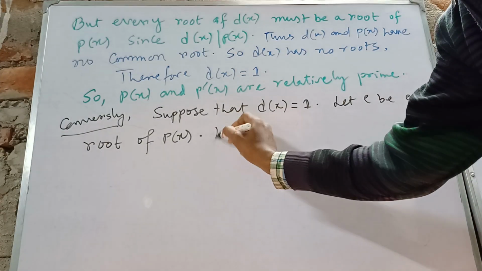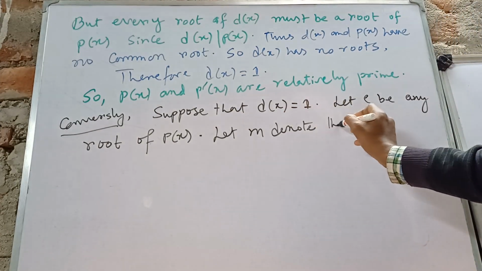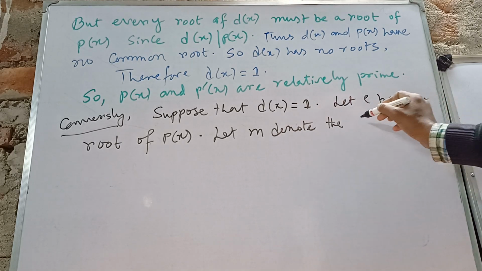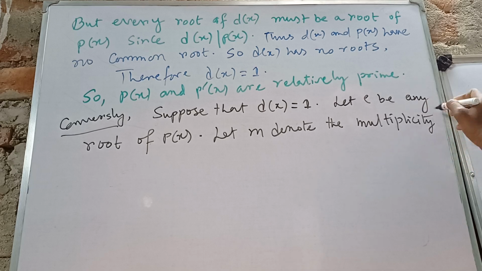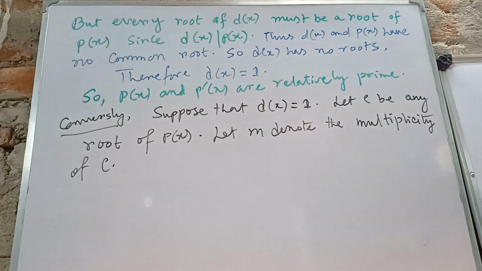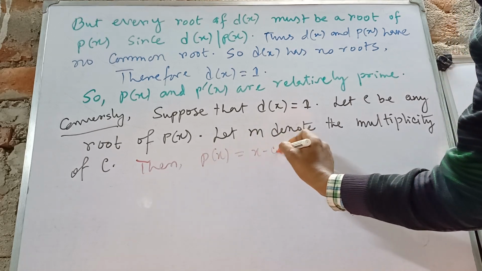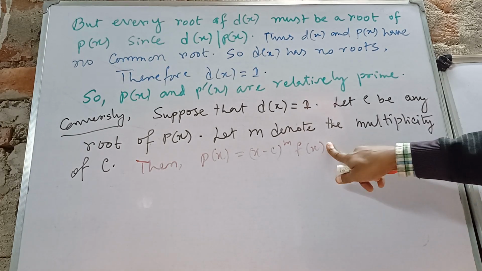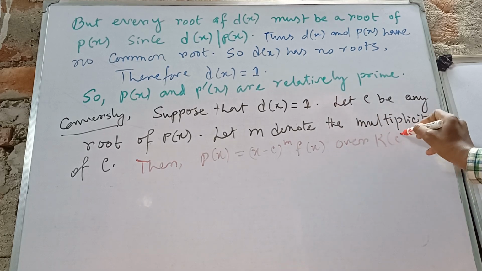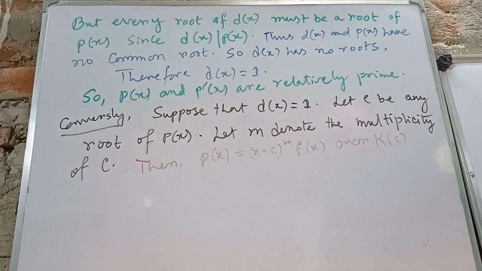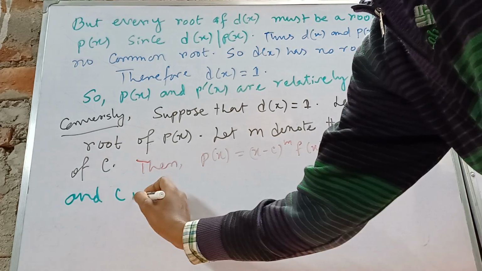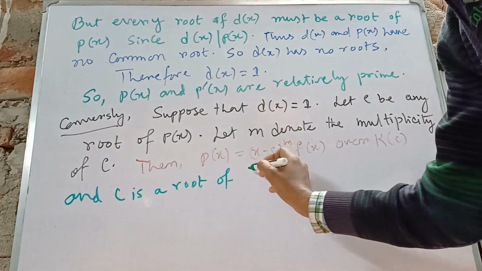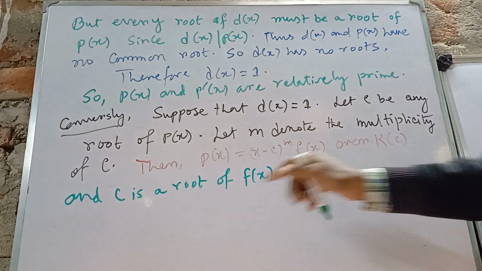Let m denote the multiplicity of c. Then p(x) equals (x minus c) to the power m times f(x), where f(x) is over k(c), and c is not a root of f(x).